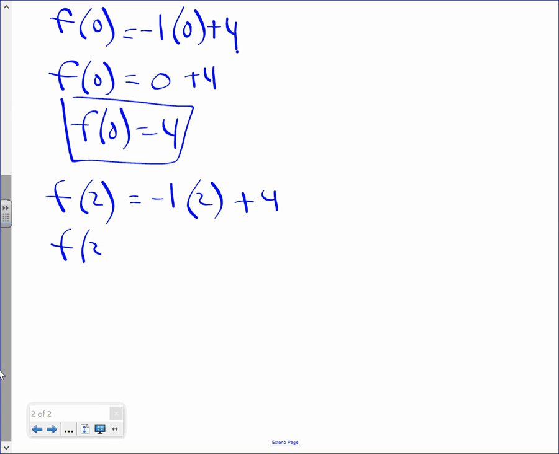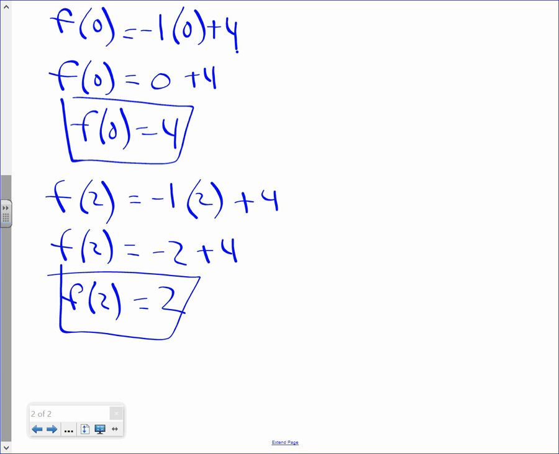The function at 2 is going to be, multiply before you add, that's what Please Excuse My Dear Aunt Sally says. Negative 1 times 2 is negative 2, plus 4. The function at 2 is going to be positive 2.